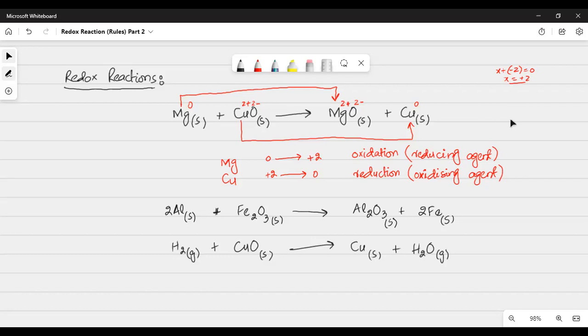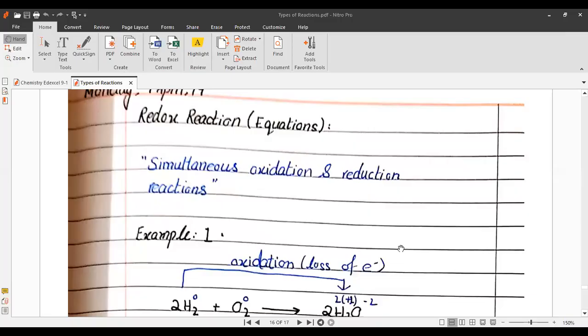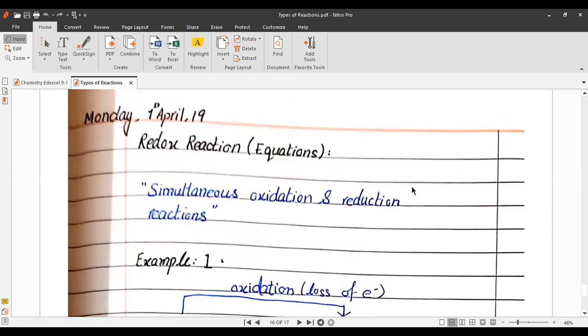Okay, so I'm going to stop sharing over here. I'm going to open the same document we have discussed before, the types of reaction document. And when you go to the last pages of these documents, let me actually enlarge it for you.